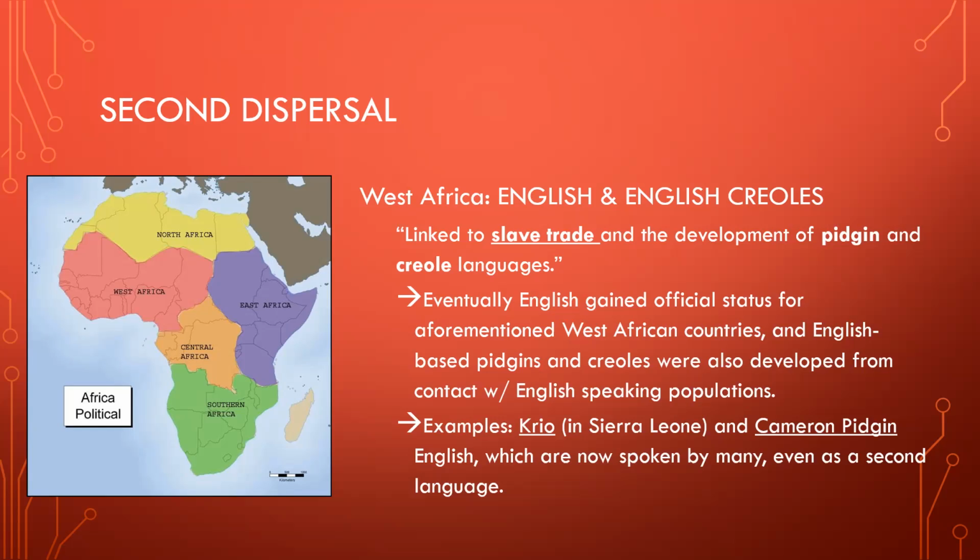Some examples of these hybrid languages that have English include Creole in Sierra Leone and Cameroon, and Pidgin English in Cameroon, which are now spoken by many even as a second language. So usually when a Pidgin achieves second language status or is passed down, it can be called a Creole.